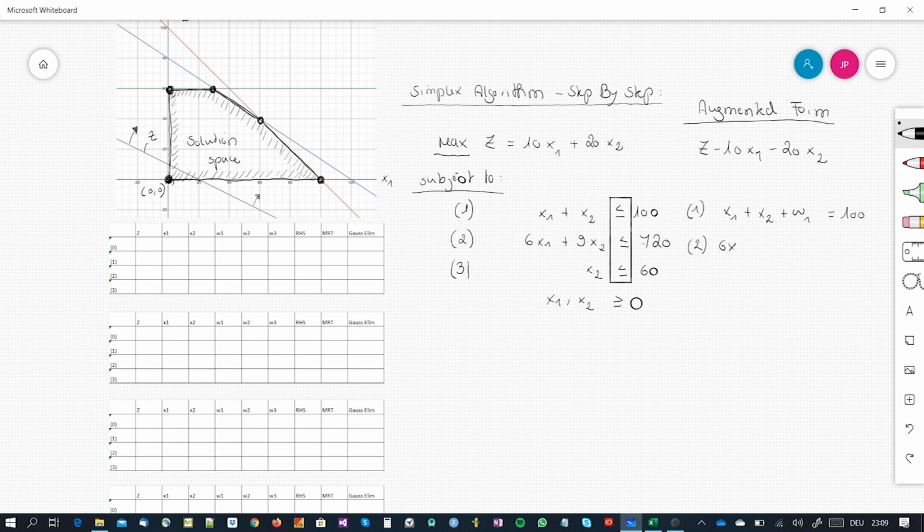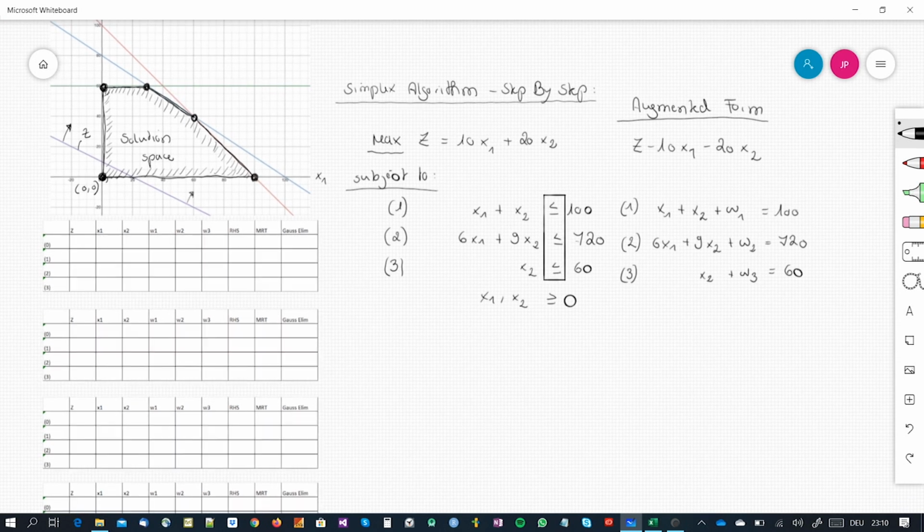For the second one, 6x1 plus 9x2 plus a slack variable w2 equals 720. And for the third one, it is x2 plus w3 equals 60.